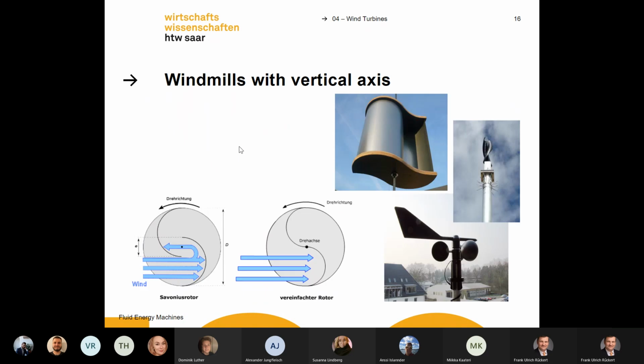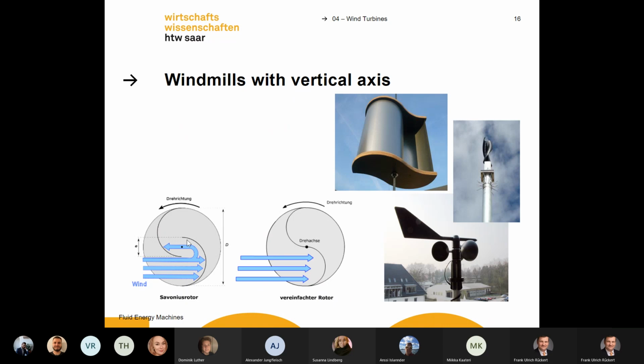Okay, here you see a windmill with a vertical axis in the middle. It's the so-called Savonius rotor, and the wind comes from the side. It rotates the Savonius rotor, and it looks like this, and you can have different types of Savonius rotors.